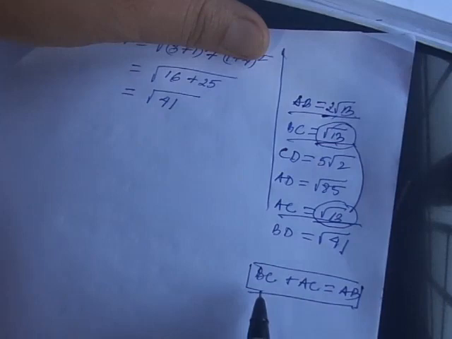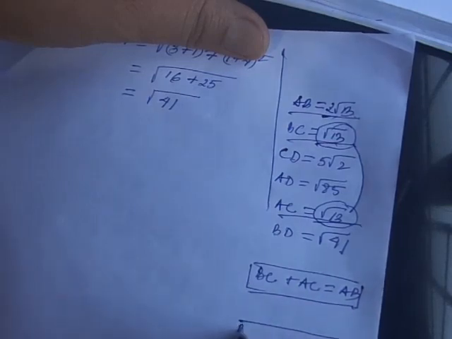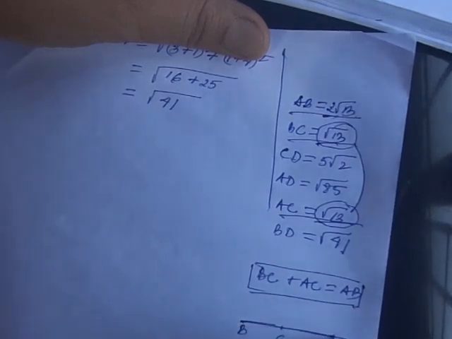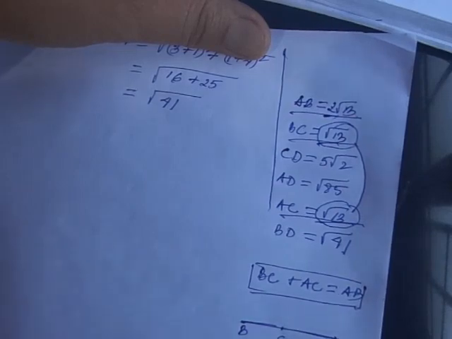That means these 3 points E, B, C are collinear. Maybe like this, for example, say here B, then here C, then here say E. Now BC plus EC equal to EB. That means the 3 points are collinear.